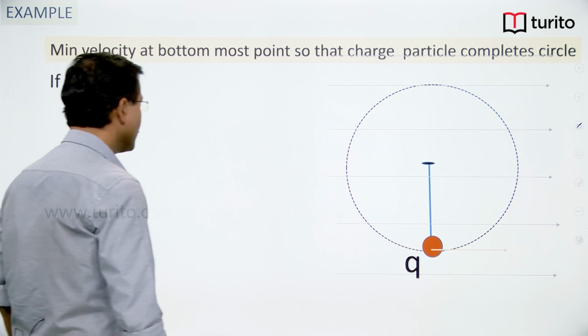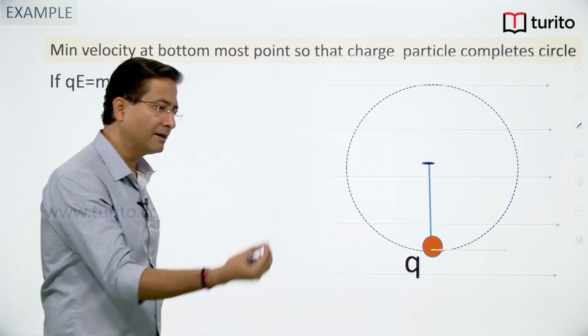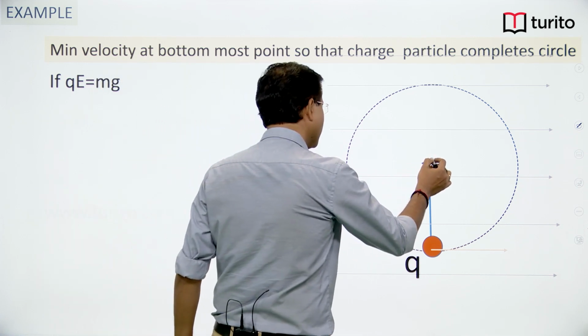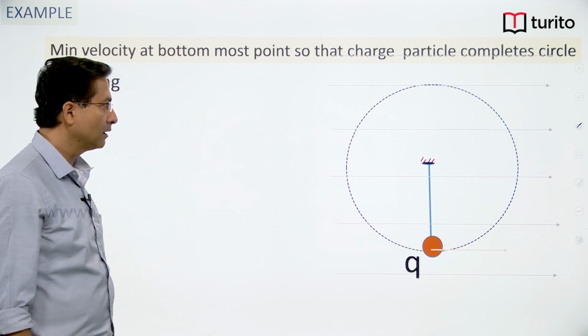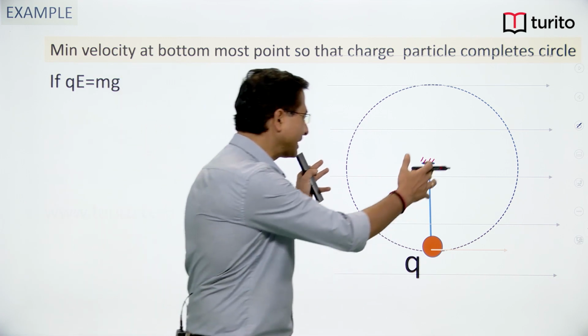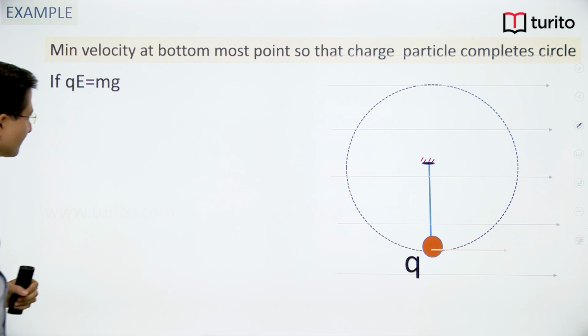Now, let us see the next example. Here a particle is suspended with a string where we have both gravitational field and electric field, you can see that G is also written, right.